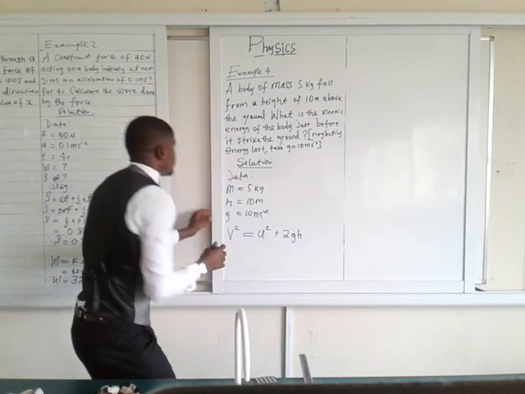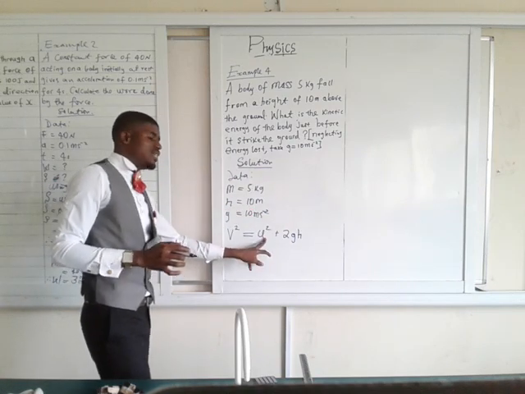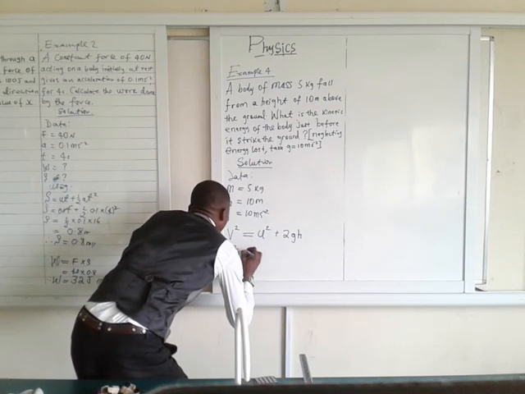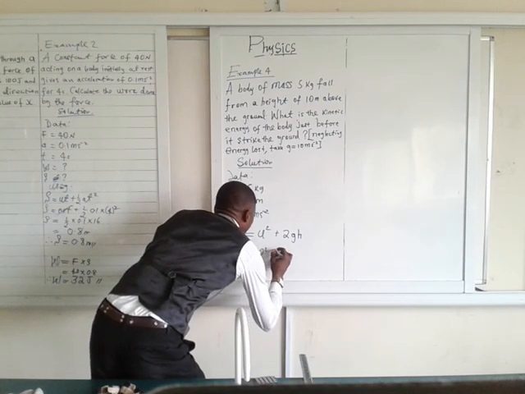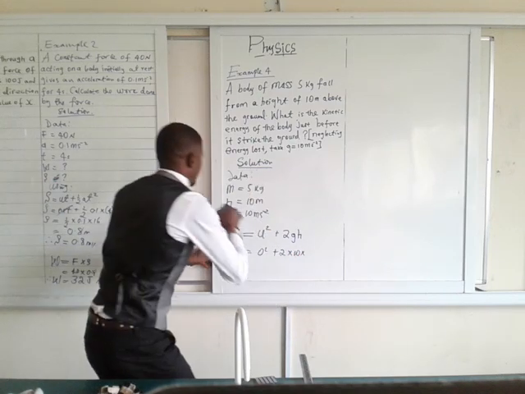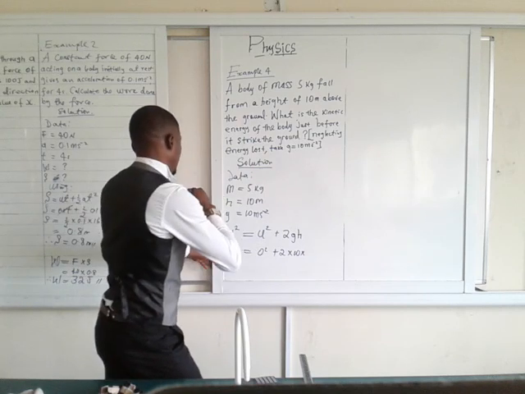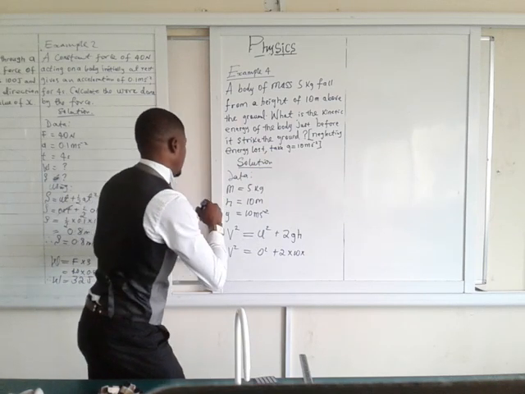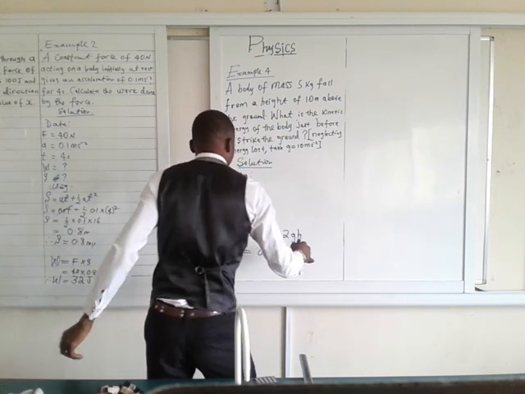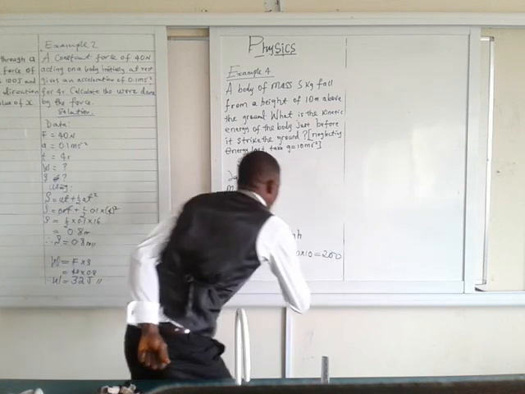And so the body was initially at rest, meaning our initial velocity was 0. And so we have V squared equals 0 squared plus 2 times 10 times 10, which gives you 200.